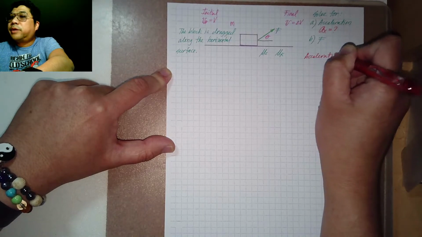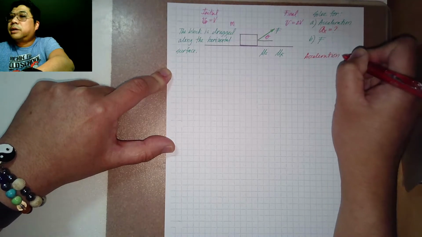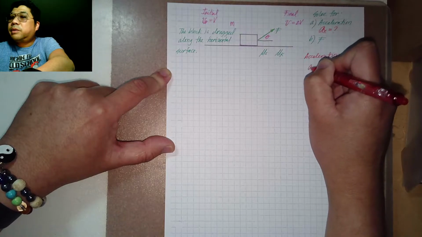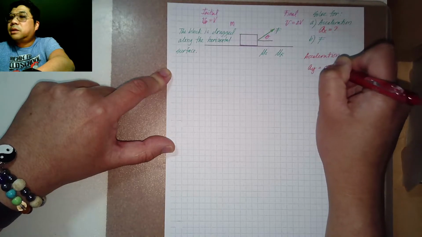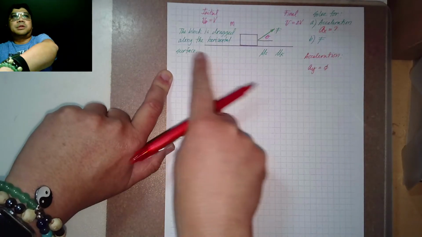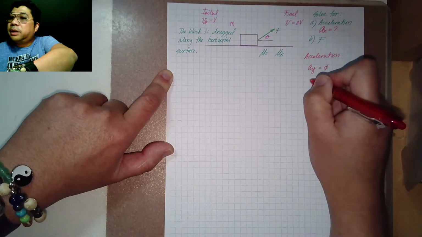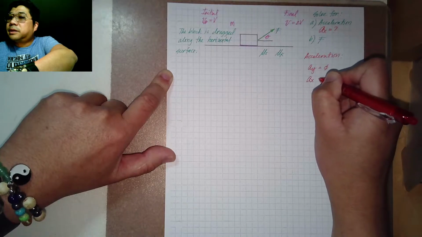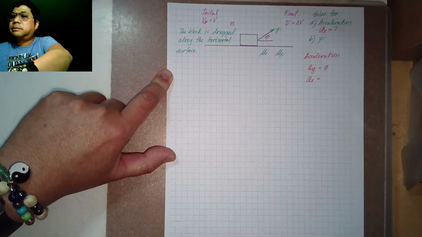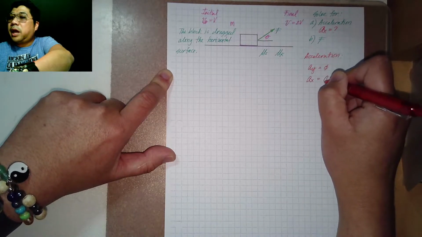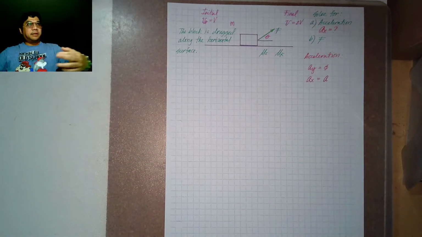The acceleration along the y-axis is still going to be 0 because the motion is only along the horizontal surface. Now, our horizontal acceleration, a sub x, is it negative or positive?